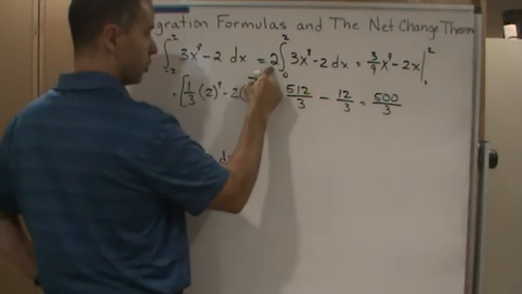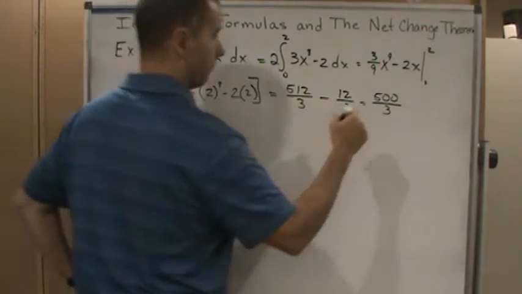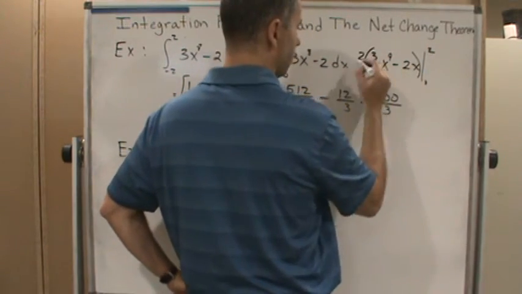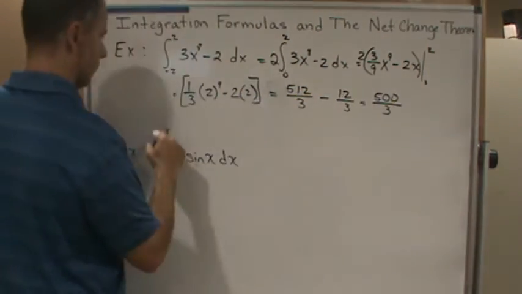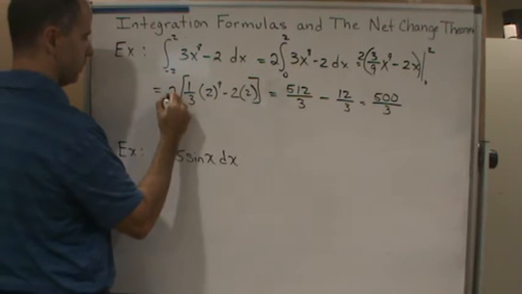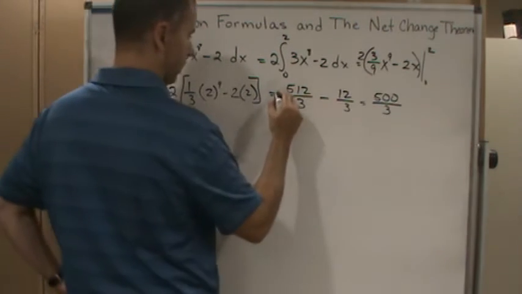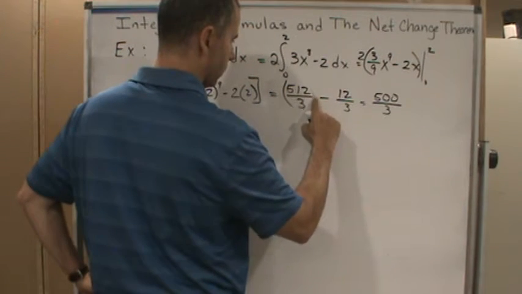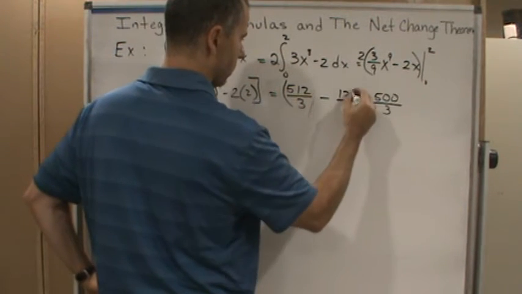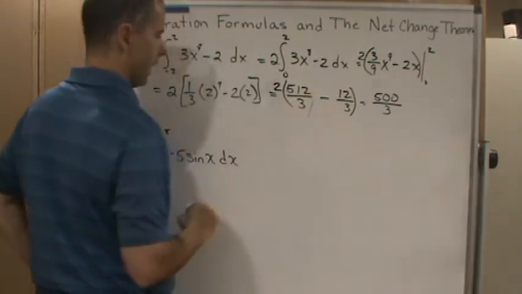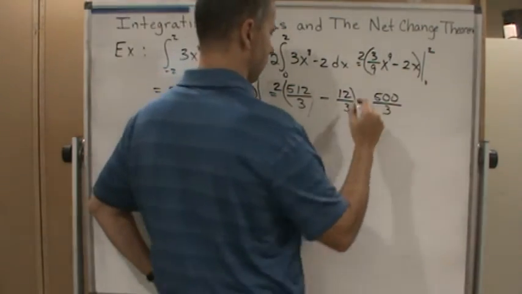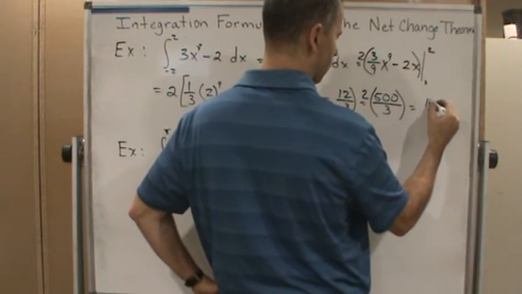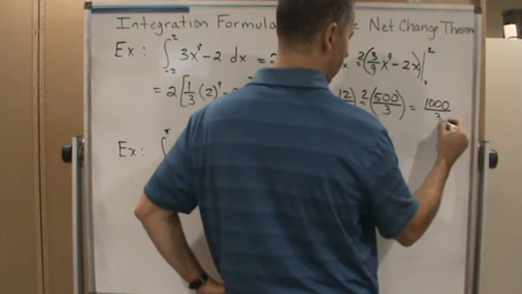The original integral is the same as twice this, which is equal to 2 times 500 over 3, which is equal to 1,000 over 3.